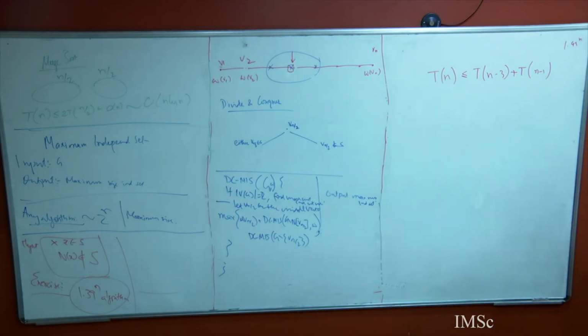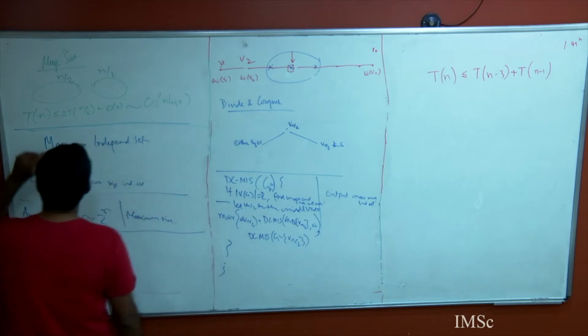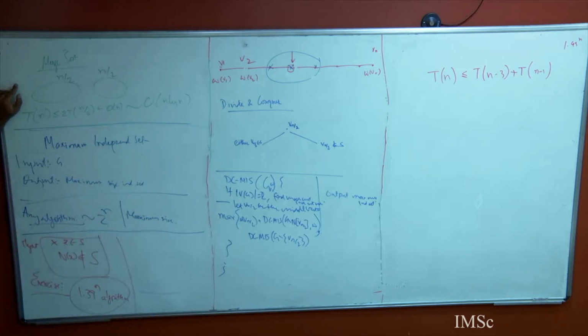There is something we are missing here. What are we missing here? When you were writing the earlier recurrence, what did you write? I didn't write it just for the sake of writing it.